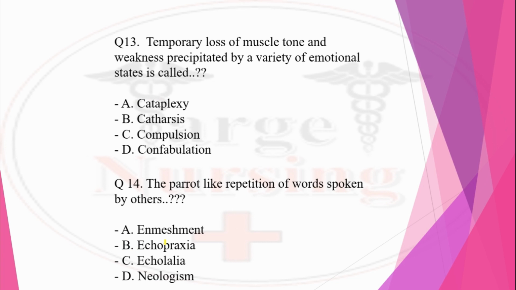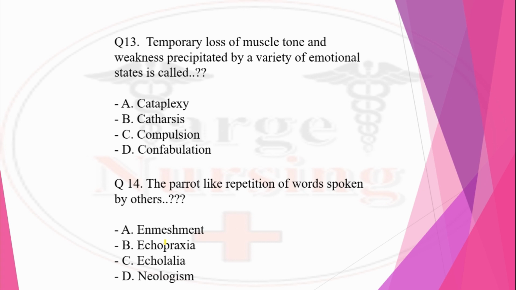13th question. Temporary loss of muscle tone and weakness precipitated by a variety of emotional states is known as. A option is cataplexy, B is catharsis, C is compulsion, and D is confabulation.